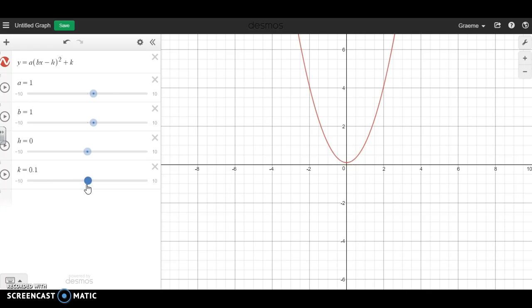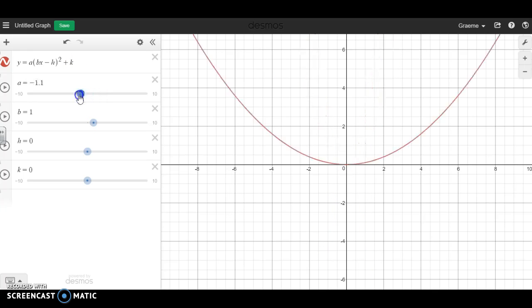And then the last thing to note about the a and b values. If the a value is negative, the graph itself is going to reflect over the y-axis. Sorry, over the x-axis. So positive opens up, negative a value opens down over the x-axis.